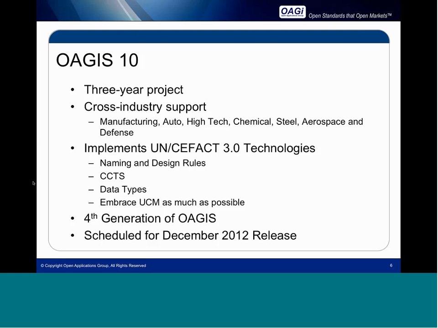One of the driving factors for OAGis 10 development is cross-industry support for industries like manufacturing, auto, high-tech, chemical, steel, aerospace, and defense. OAGis 10 implements UN/CEFACT 3.0 technologies, including naming and design rules, CCTS, data types, and the emerging UCM technology as much as possible.